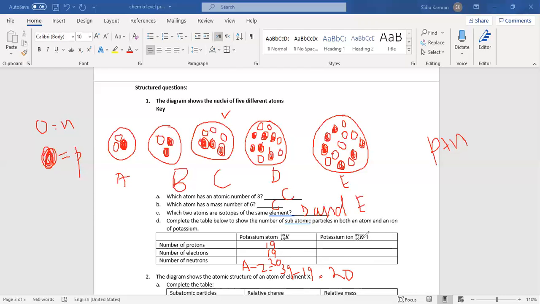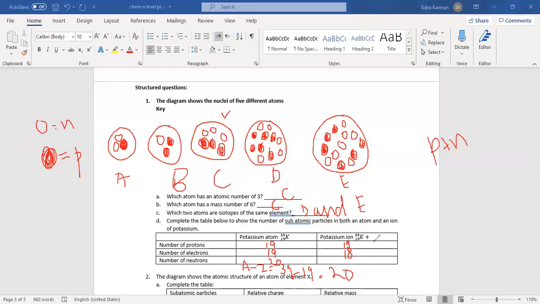In this ion, the number of protons is 19, as you can see from the atomic number. But this ion has a positive charge. Positive charge means there is a loss of one electron. In a neutral atom, the numbers of protons and electrons are the same, but when there is a loss of one electron, you are not going to write 19; you have to show the loss of one electron, so you write 18.